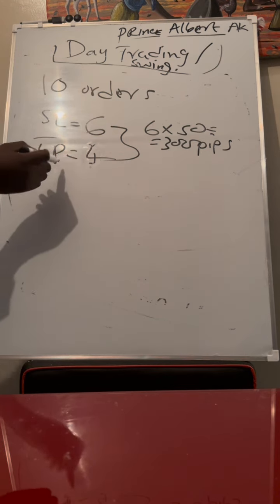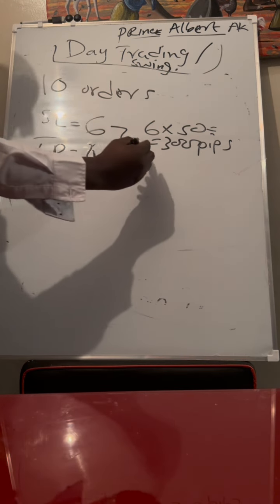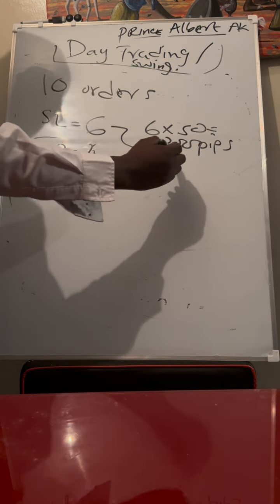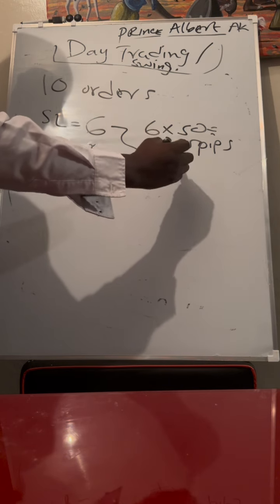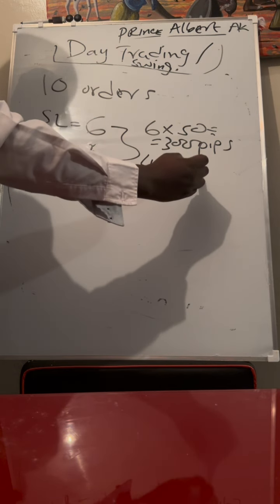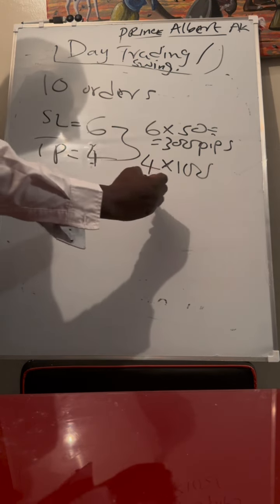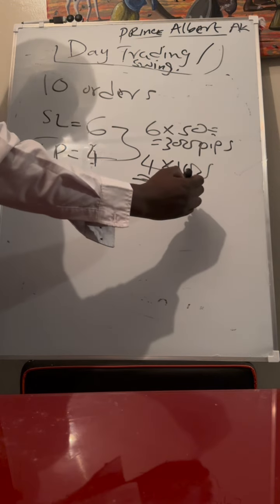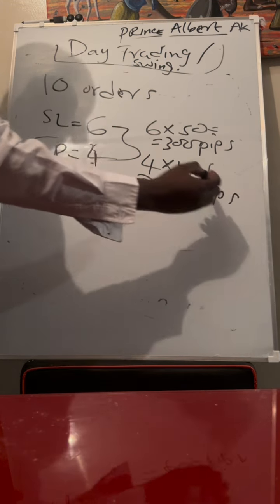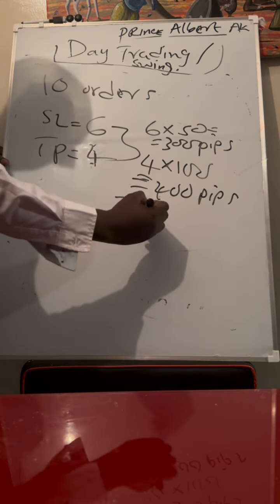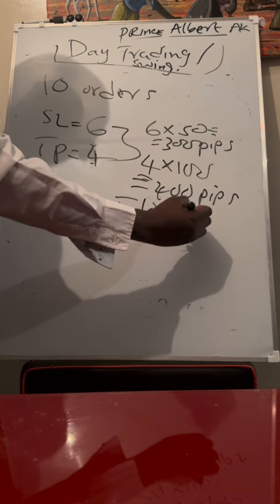And here, take profit of 4, it's 4 multiplied by 100, which equals 400 pips. So in short, you have gained 100 pips.